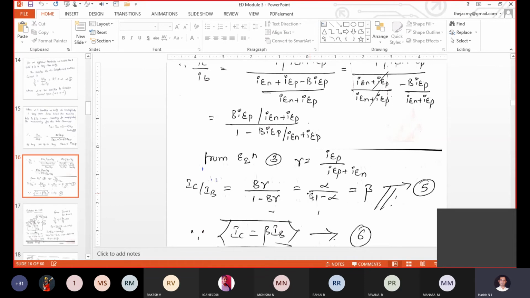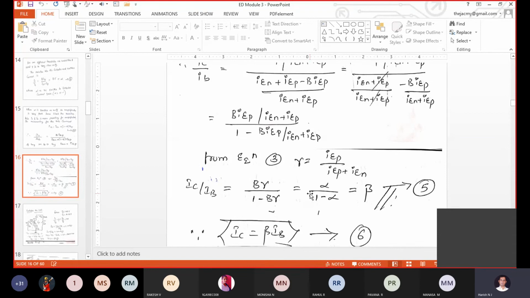Correct. So what transistors are we using in our laboratory? SL100, SK100 and BY107, correct, and so on. These are different manufacturing company based transistors, correct. So all the transistors have a minimum beta value greater than 44.